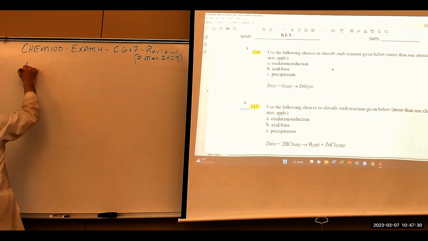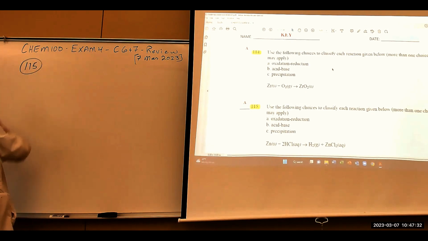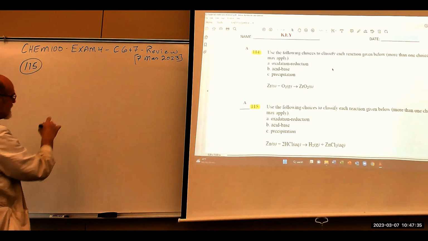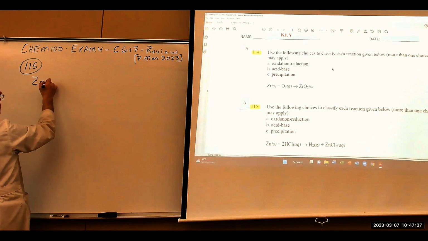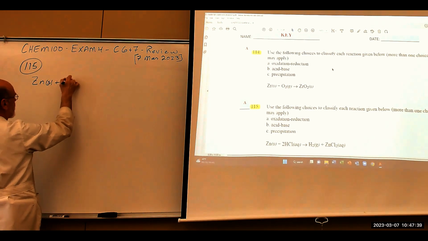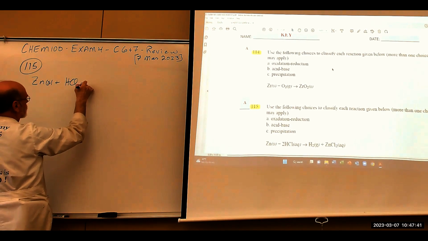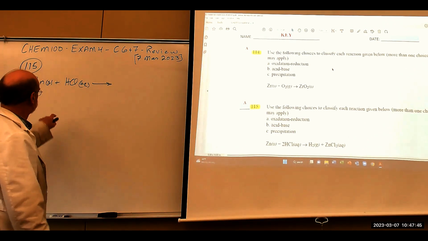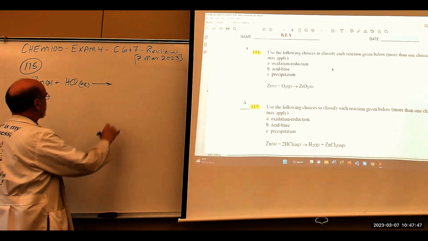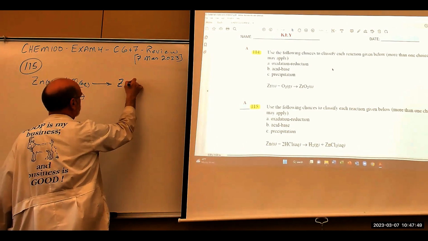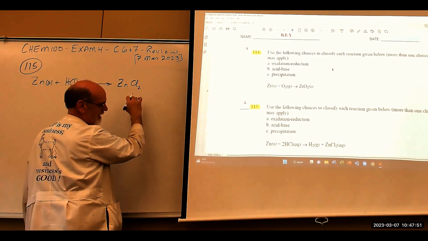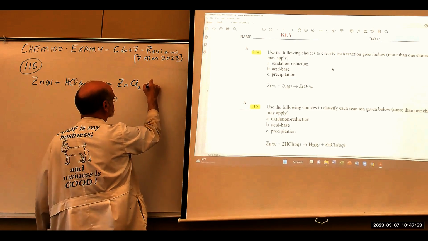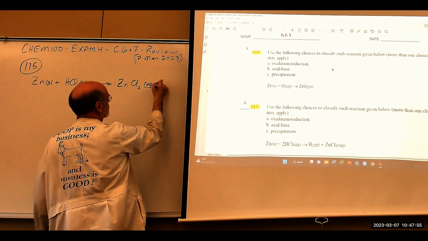115. So we got zinc solid plus hydrochloric acid. I bet this is a single replacement. We're going to swap places with hydrogen and zinc. Aqueous, and I got them out of order.